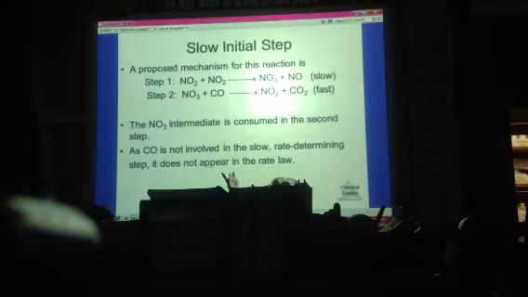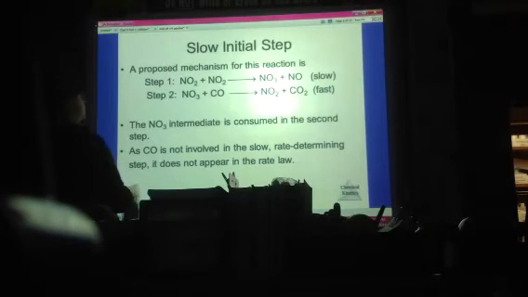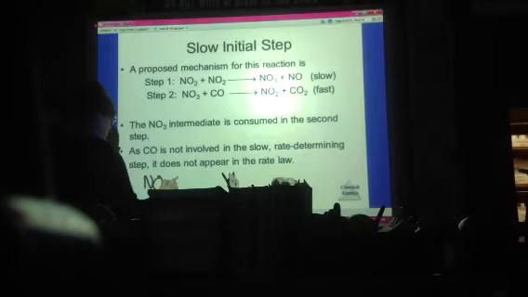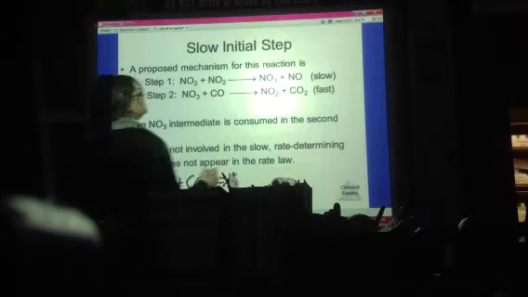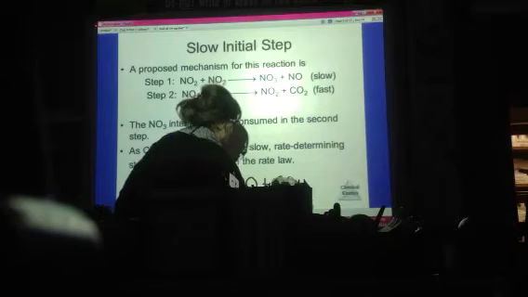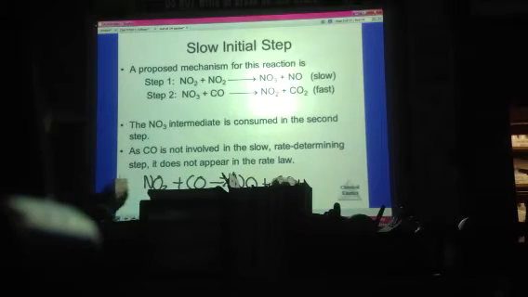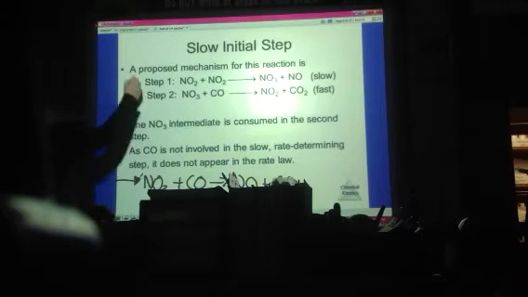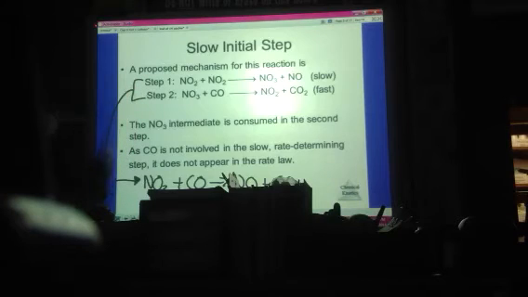So, let's say that you're given those two steps. This is a proposed mechanism for this reaction right here. Let's actually write that reaction down here below. NO2 plus carbon monoxide will yield nitrogen monoxide plus carbon dioxide. This is the overall reaction, and these are the steps that were required to get it.